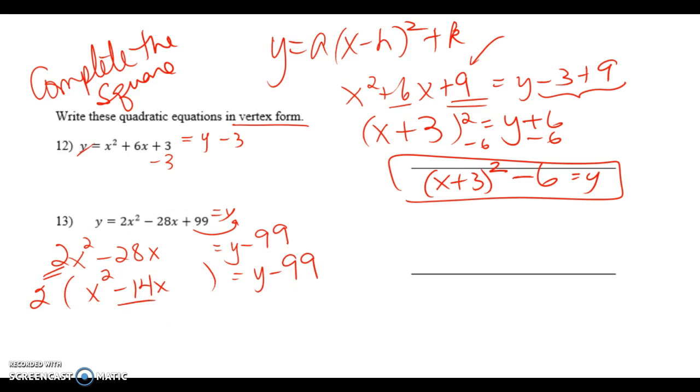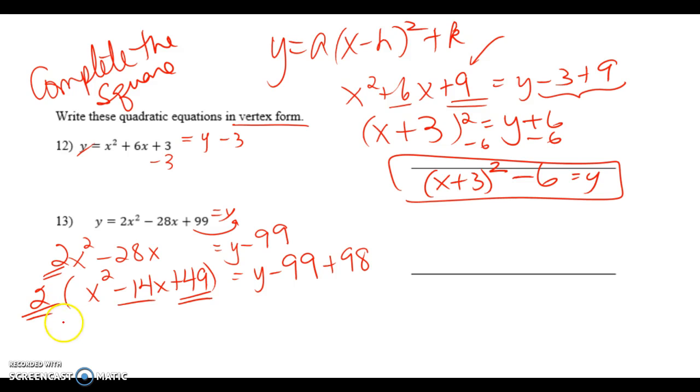Well, b is negative 14. Over 2 is negative 7. Squared is positive 49. Well, when I added 49 on this side, I had to multiply it by 2 and add 98 on this side to maintain the equality here.